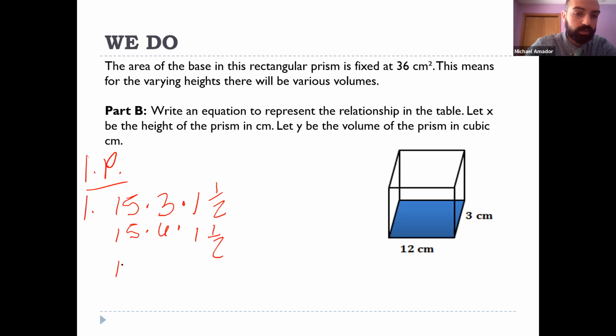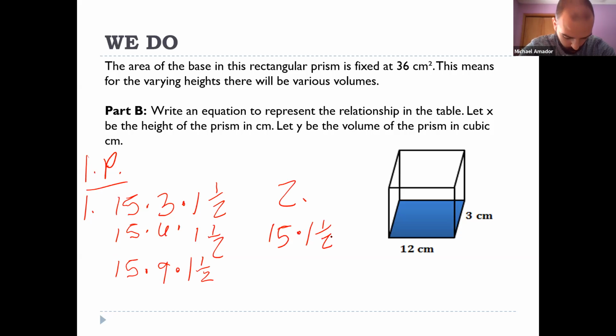And for the third one, you could have 15 times 9 times 1 and 1/2. For number 2, what is the area of the base for all of the rectangular prisms? Well, they all have a base which is 15 inches long and 1 1/2 inches wide, which is equal to 22.5 inches squared.